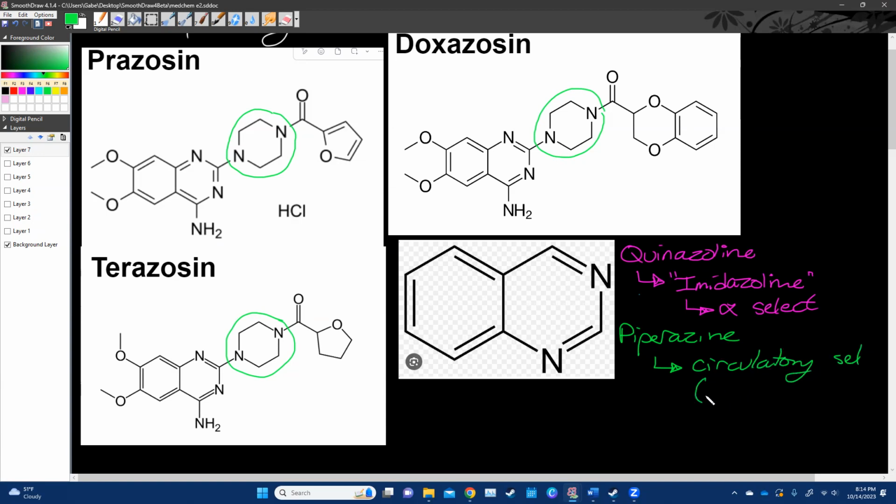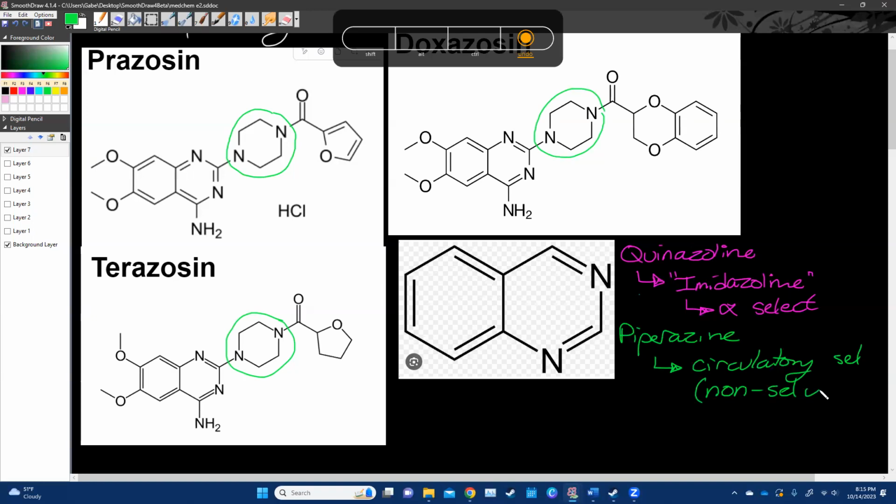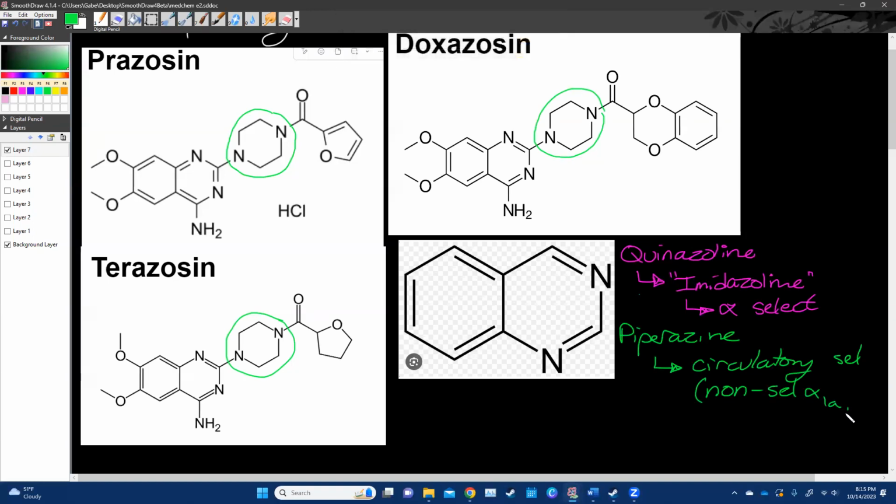So in other words, this is what makes the drugs overall non-selective between alpha 1A and 1B. Does that sort of make sense?